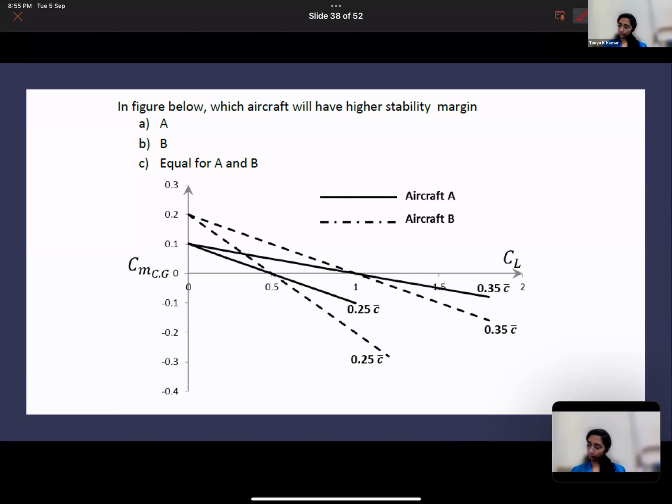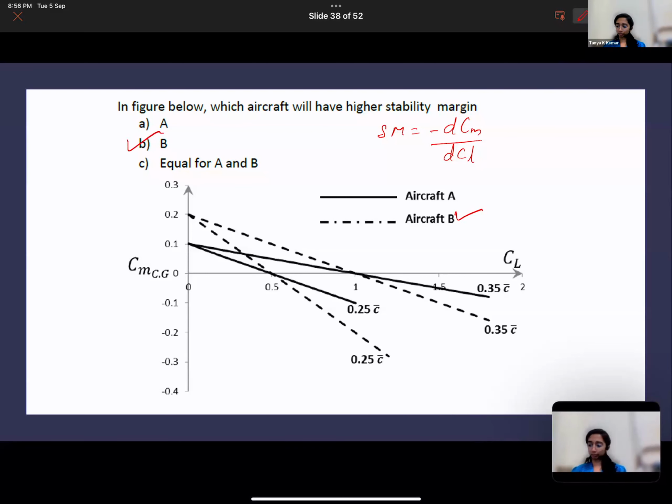So your stability margin or static margin is minus dCM by dCL. Whichever has more static margin is more stable. So which aircraft has more static margin here? B, exactly. The magnitude of slope of the B graph is higher. So the B aircraft is more stable.